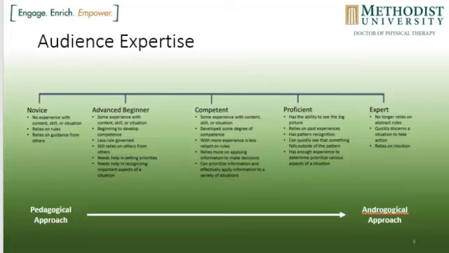Proficient, when they have the ability to see the big picture and to be able to make some of the changes on their own without as much feedback. To be an expert where they no longer rely on the specific rules. They are able to use their intuition to do their skill.